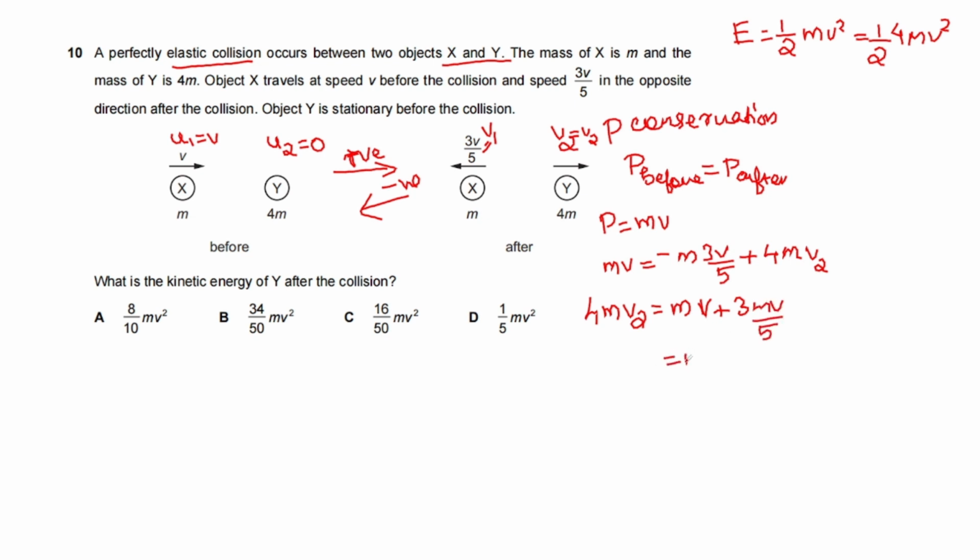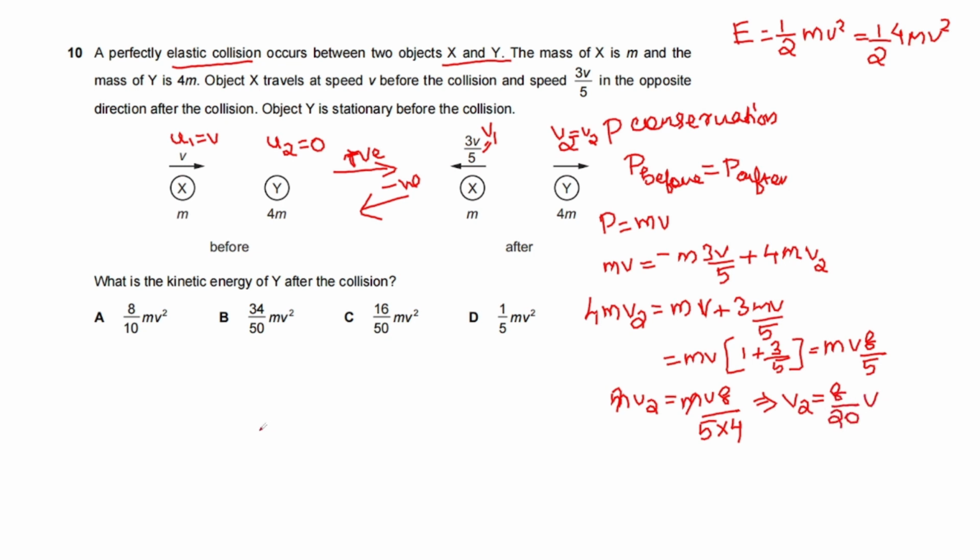So let's take the common mv outside, and it would be 1 plus 3 by 5, which gives mv times 8 over 5. So mv2 would be equal to mv times 8 divided by 5 times 4, and m and m get cancelled. So v2 would be 8 divided by 20 v. So this would be the velocity equation.